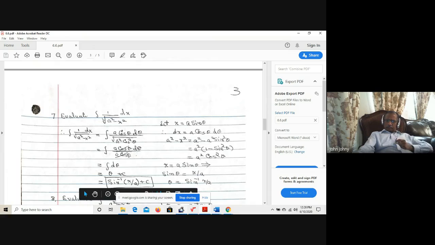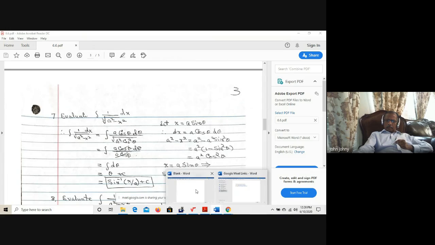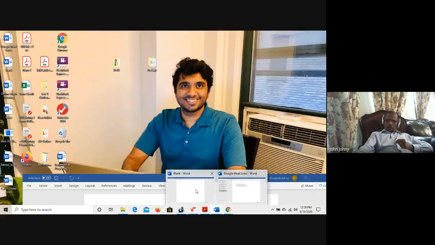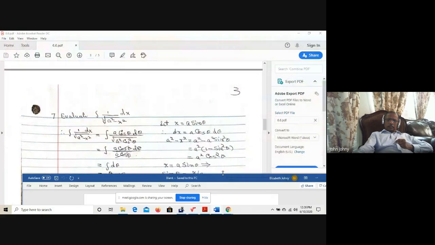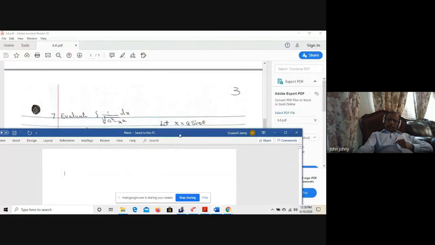Evaluate the integral of 1 over square root of a square minus x square.